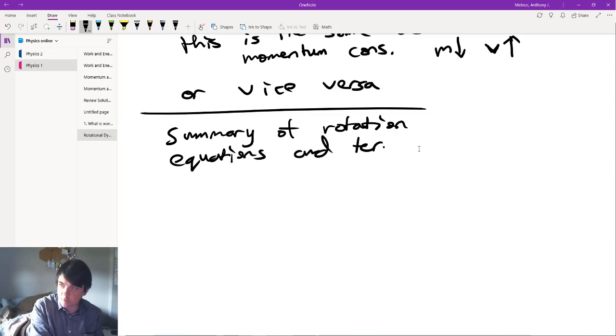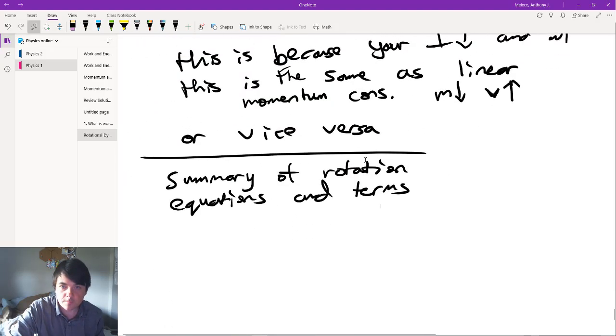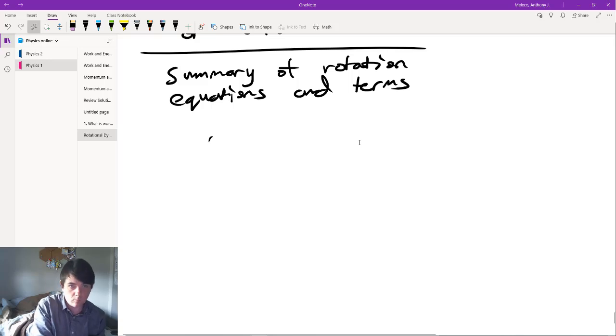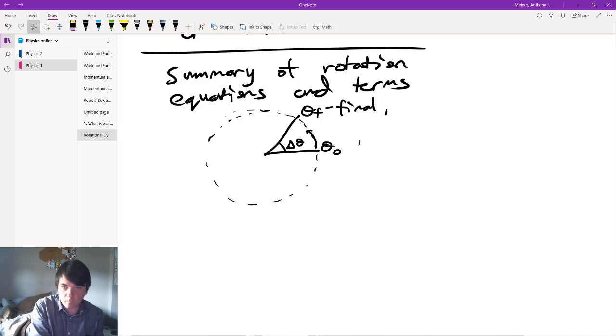I know there's a lot here, okay? So I want to make sure if you remember nothing else from this lecture, remember that it's basically the same thing as linear. You're just swapping up the terms. Okay, remember radians and all of that.